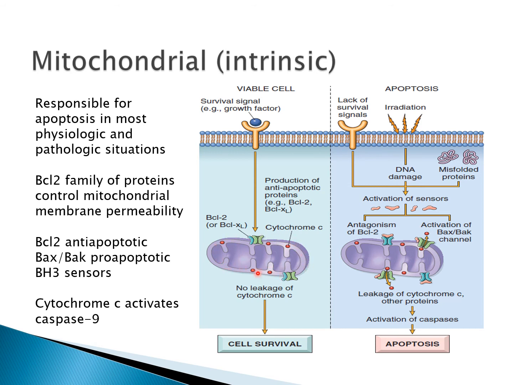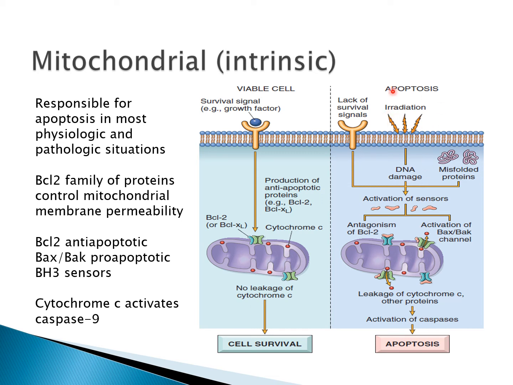We can look at them as working like guardians: they guard the membrane and they guard the cytochrome C inside the mitochondria. They prevent the leakage of cytochrome C to the cytoplasm, which leads to cell survival and prevention of apoptosis.